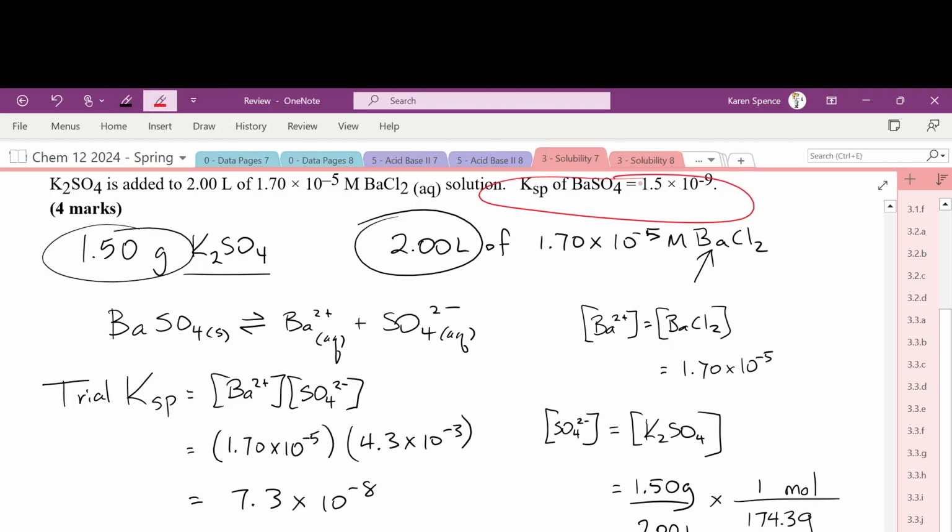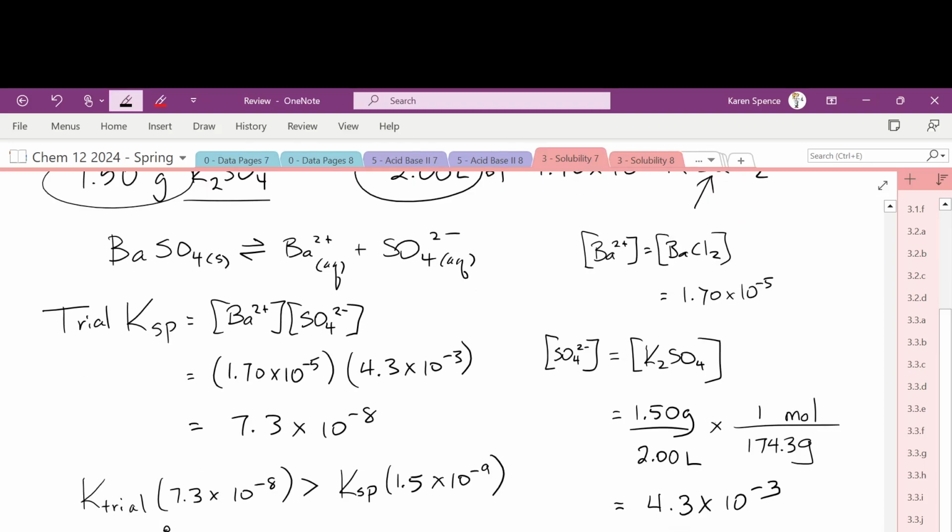They've written it up here for us. And therefore, a precipitate will form. Good stuff.